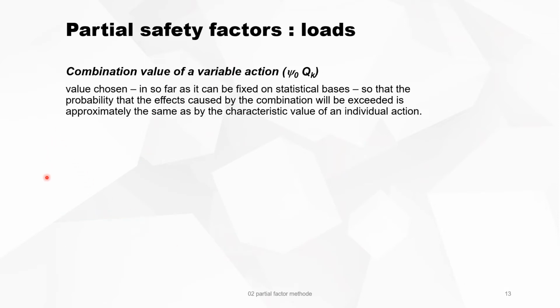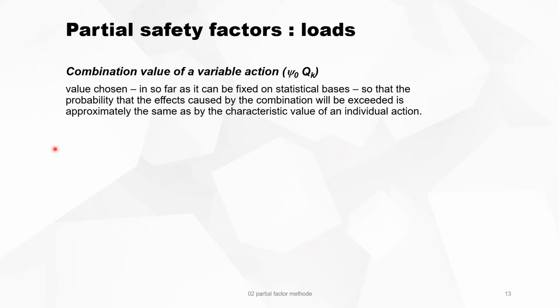And then we have definitions like a combination value of a variable action. The combination value is psi0 times your action. Its value is chosen insofar as it can be fixed on a statistical basis, so that the probability that the effects caused by the combination will be exceeded is approximately the same as by the characteristic value of an individual action.